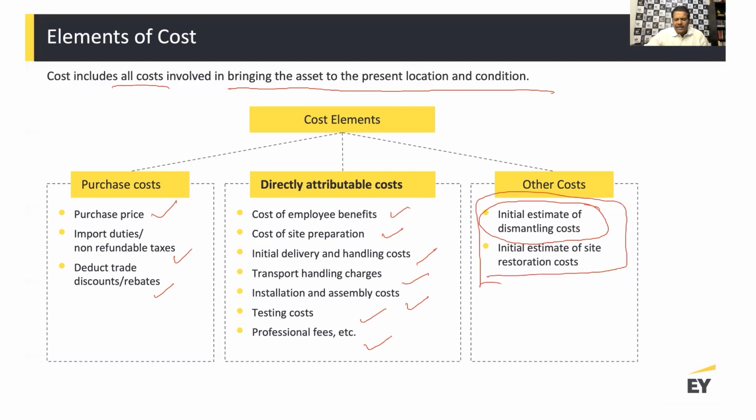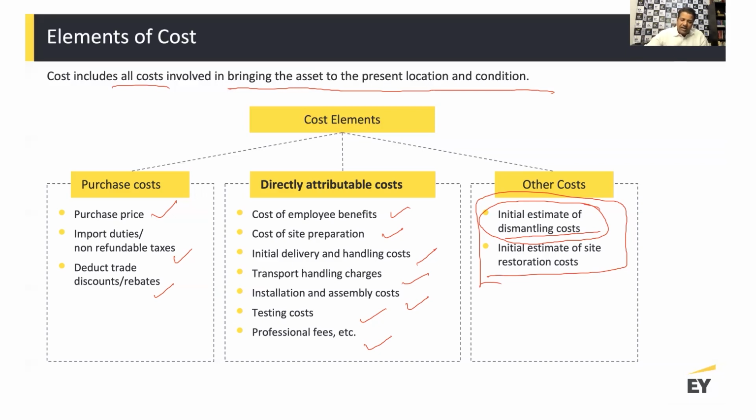So all of that, whether it's a site restoration cost or a dismantling cost. Let's say you set up a power plant, right? Now, when I've set up the power plant, the land which I've taken from the government was, let's say, on a 30-year lease. The government regulations suggest that once the power plant comes to an end of its life, which is 30 years, I have to return the land to the government in its original condition.